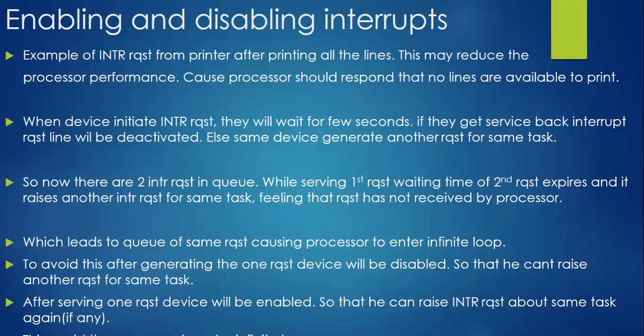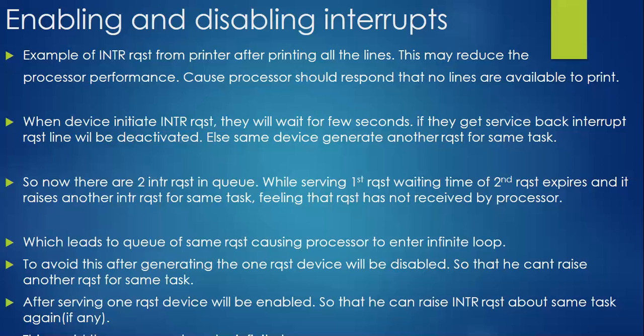If they get service back, the interrupt request line will be deactivated before that waiting time of 5 seconds expires. If the processor gives a response to that interrupt request, then the interrupt request will be deactivated by that device. It will just remove that particular interrupt request from the interrupt request line.